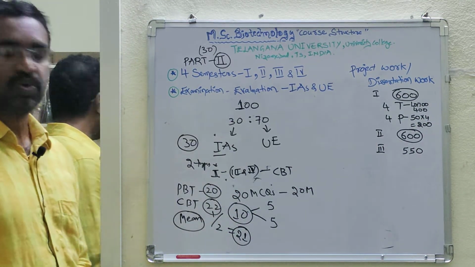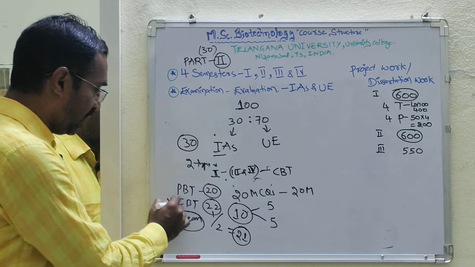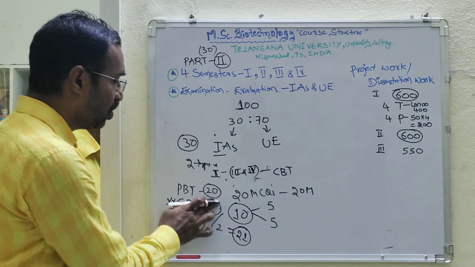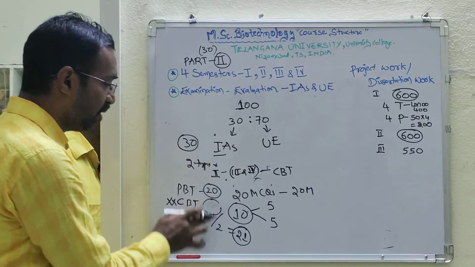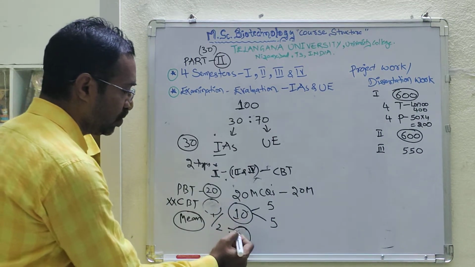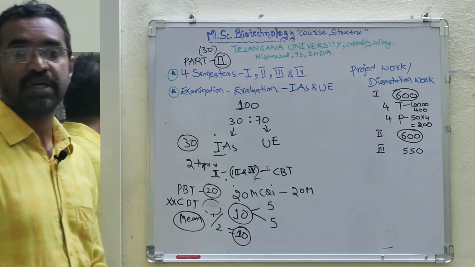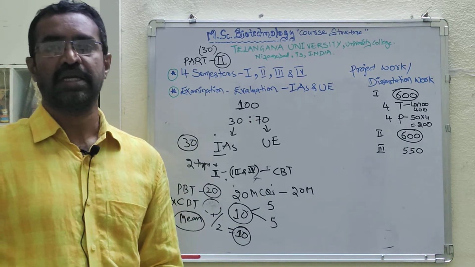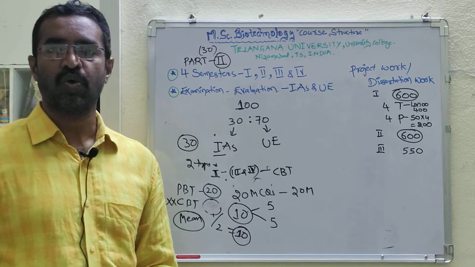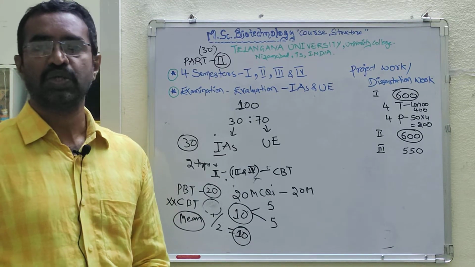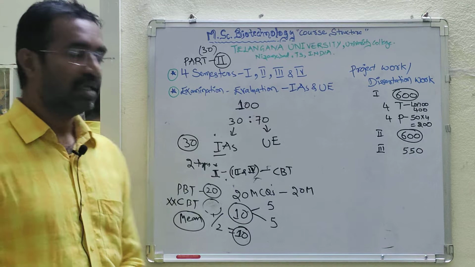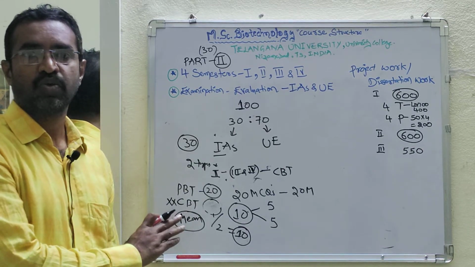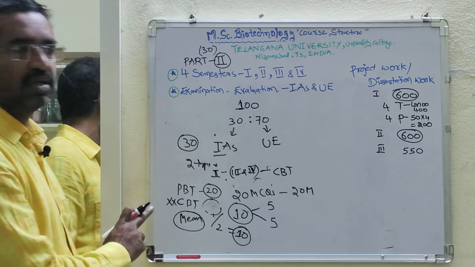If he is absent for one of the exams, for example the CBT, he is going to lose 20 marks, then 20 by 2 is 10 marks he is going to lose. So it is very important that each and every student attends both internal assessment exams. There is no bargaining and no re-evaluation, and these exams are not conducted again and again. They are conducted only once.